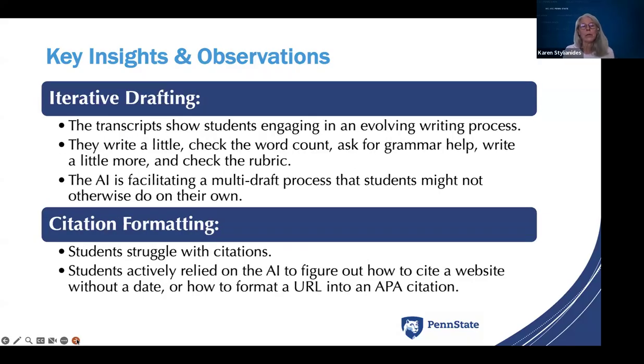Just kind of going along with this as well, I think the cycle that we're seeing with using Visible AI for my classes and my students is they're writing a little, checking their word count, because that's very important, and then checking for grammar, writing a little bit more, checking the rubric, and it's just a cycle that's going round and round. And that's what we want.